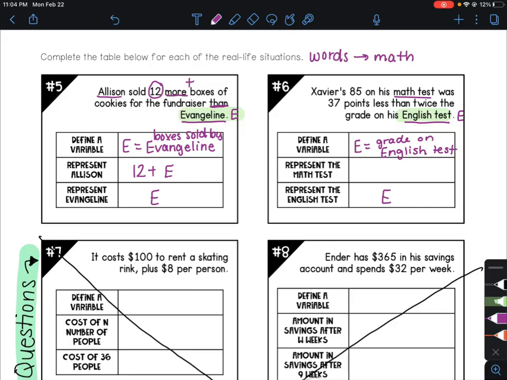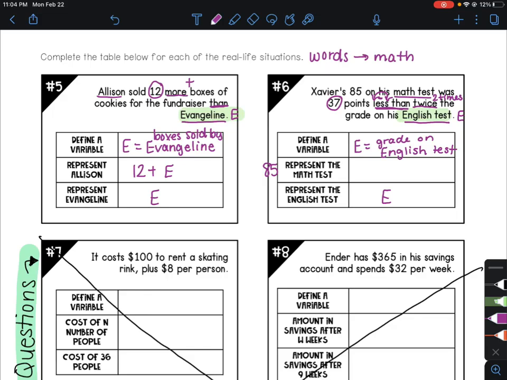All right, now how about the math test? A little bit more complicated. Yes, it was an 85, but we want to compare it to E. So 37 points less than, just subtraction, but it gets flipped around, twice, got another keyword, the grade on his English test. So twice means times 2. So 37 points less than twice the English test.